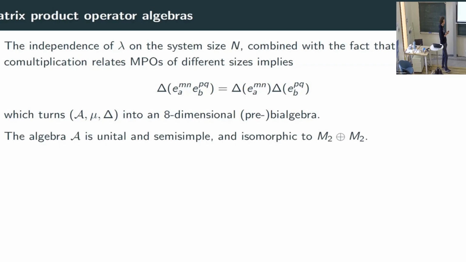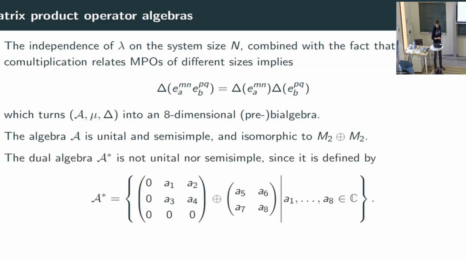So the algebra A is unital and it's semi-simple, and it is isomorphic to a direct sum of two-dimensional matrix algebras. But the dual algebra A star is not unital nor semi-simple, since this algebra is basically defined as a direct sum of these two matrix algebras.